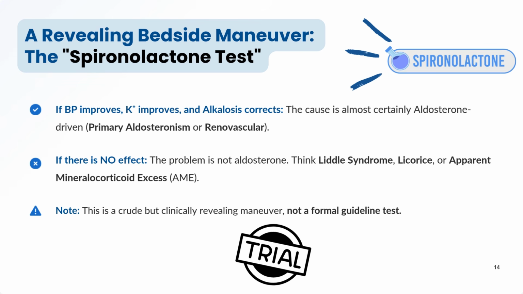If the blood pressure improves, the potassium rises, and the alkalosis starts to correct, then the physiology is telling you something very clear. This is aldosterone driven. Think primary aldosteronism or a renin-mediated process like renovascular hypertension. Spironolactone blocks the mineralocorticoid receptor, so improvement basically means aldosterone was the bully all along.